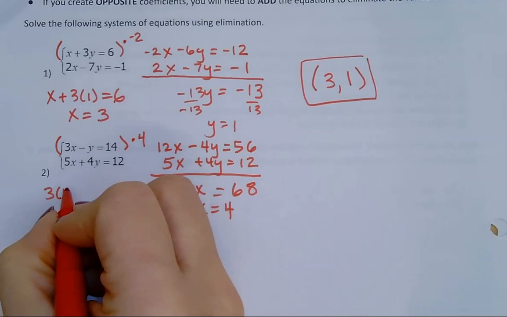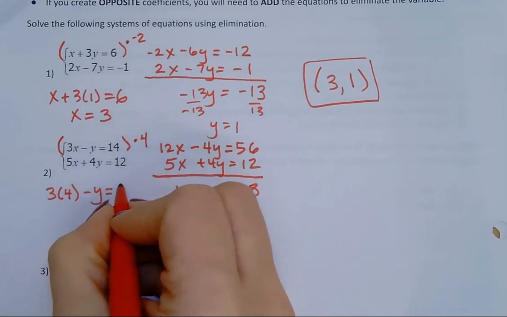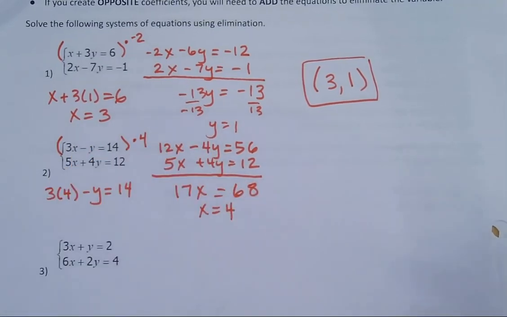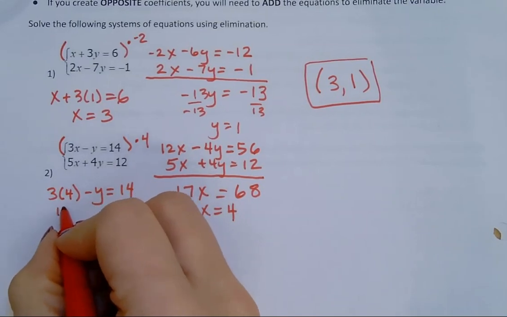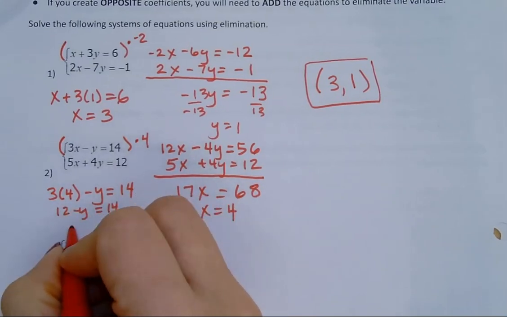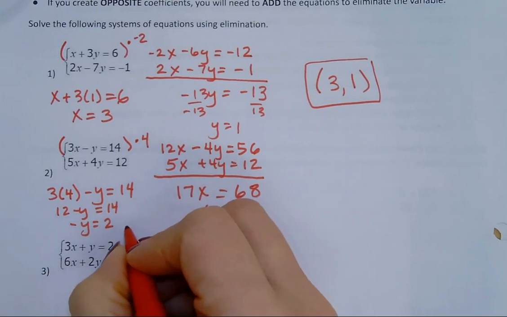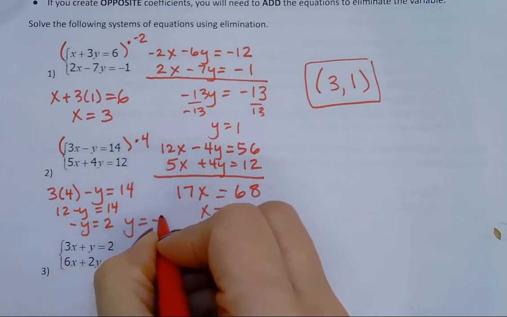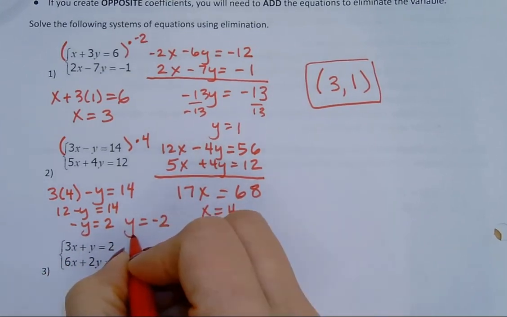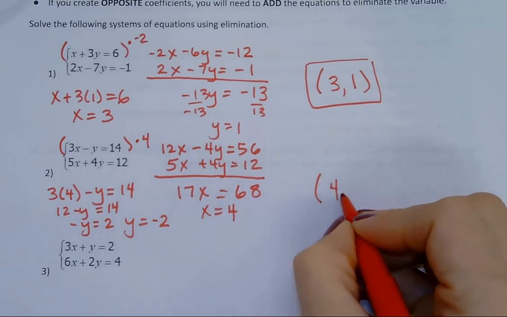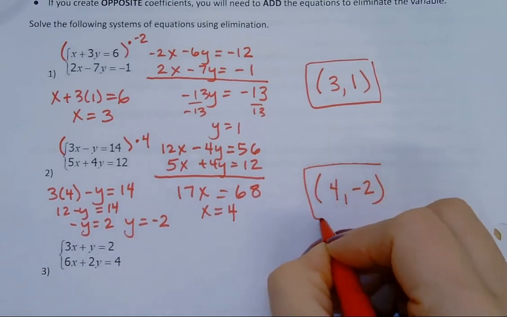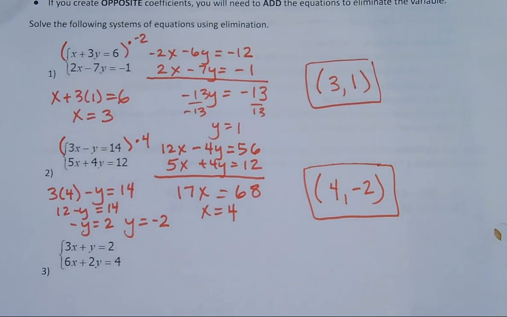I'm going to choose the top one, but you can choose either one. Plugging in x equals 4, I know 12 minus y equals 14, -y equals 2, and y equals -2. I have an x and a y, so my ordered pair is 4, -2.